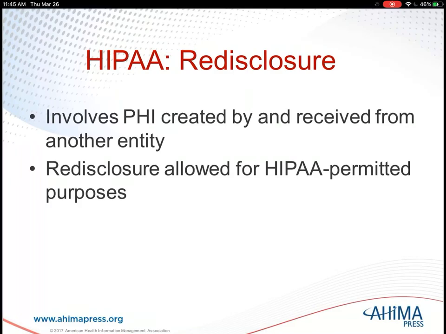That's silly. And then number 5, although an individual must verbally agree to be included in the facility directory, written authorization is not required. Believe that one is true. You do not have to have written authorization. But let's go back and take a look at that and see. All right, so if we go back and we look at page 226, the facility directory.